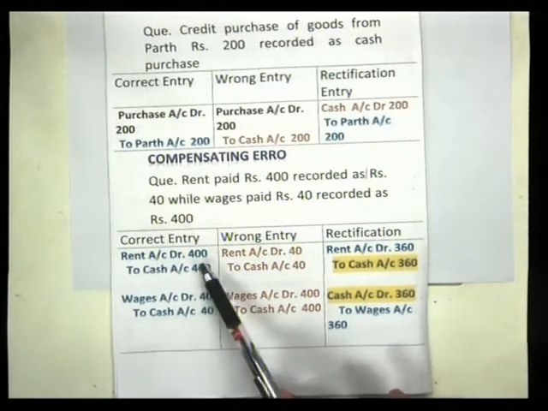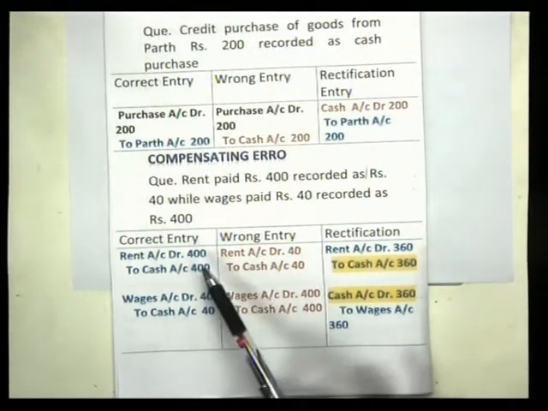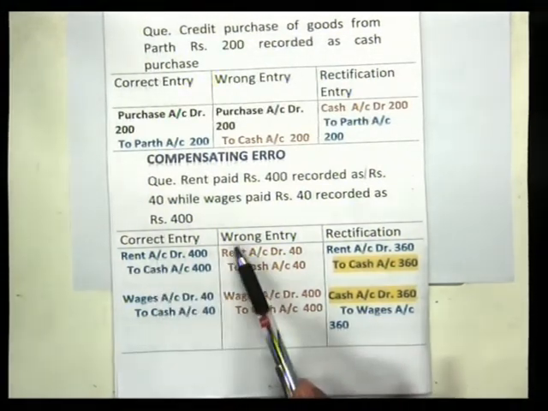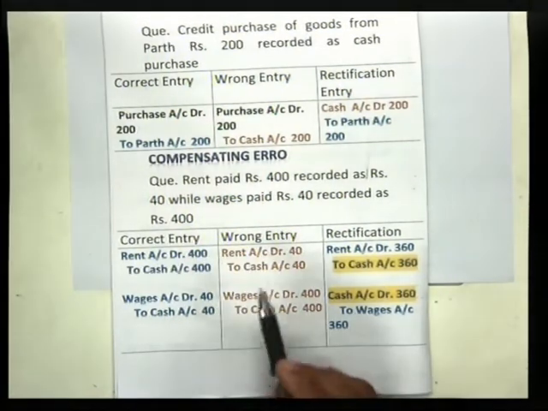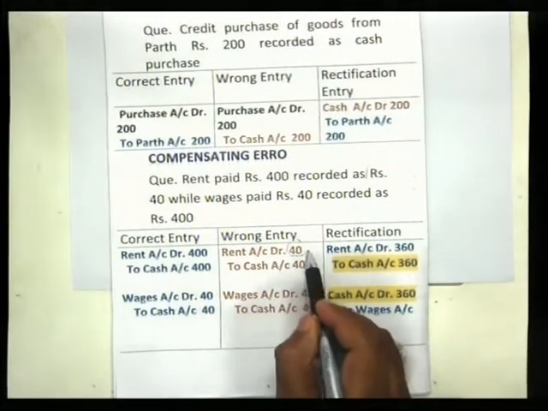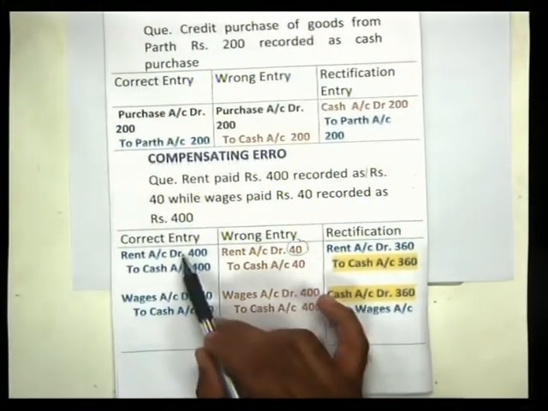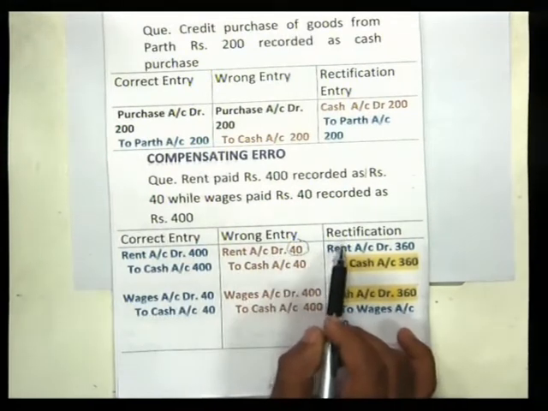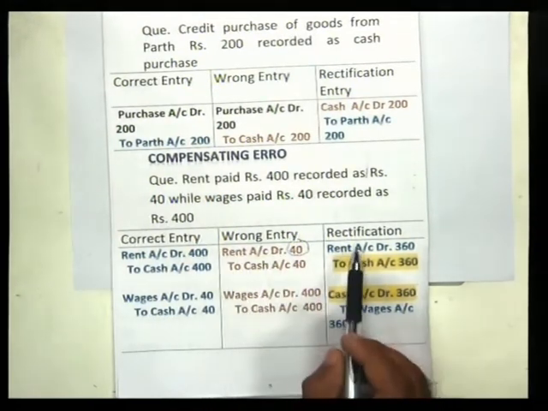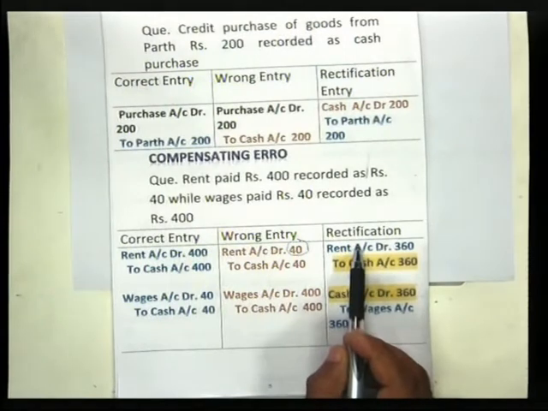Now here the wrong effect is given as rent account is correctly debited, but instead of debiting this 400 you have debited rupees 40. So rent account is debited less. So in the rectification entry rent account should be debited more by rupees 360.